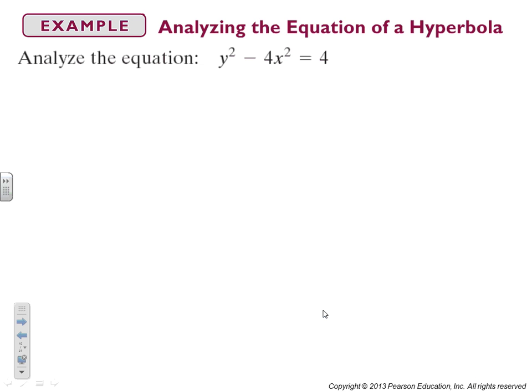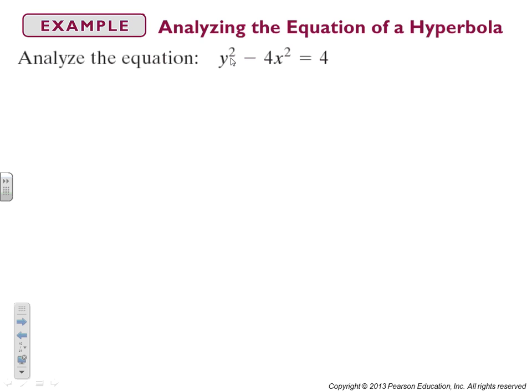All right, so now we have an equation that is all multiplied out, and we need to make it look like a hyperbola. So the first thing we want to do is, we see that our leading term is the y squared. So the a is going to be along, and the foci are going to all be along the y-axis.